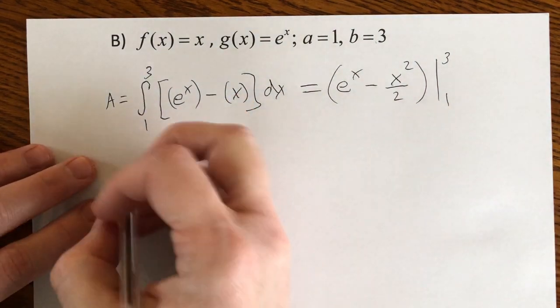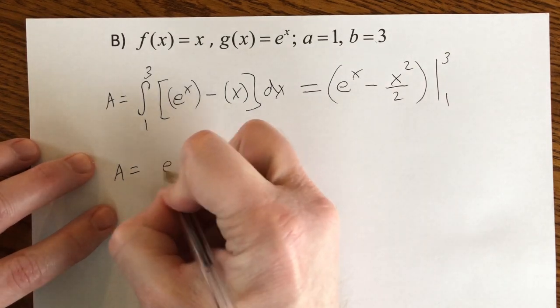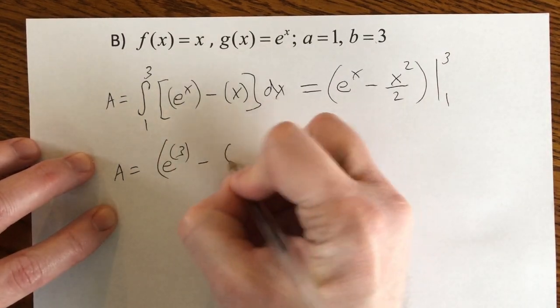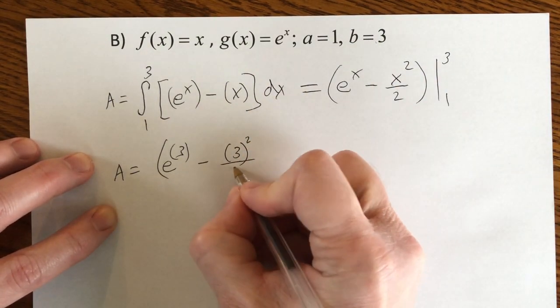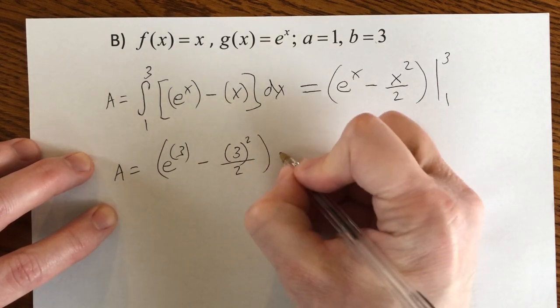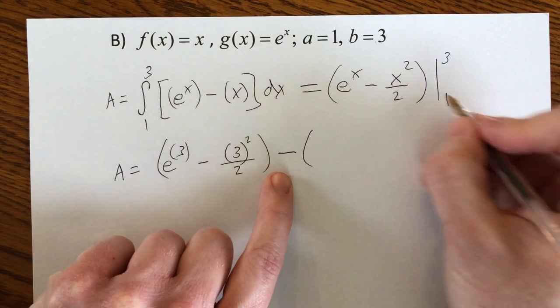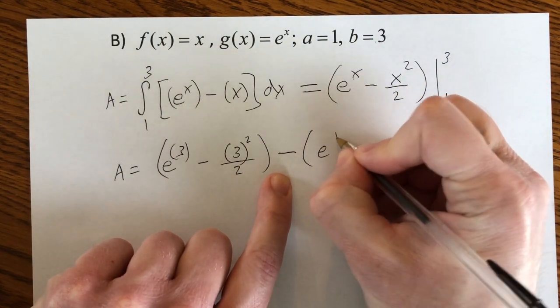So we get e cubed minus 3 squared over 2, minus what quantity? Now replace every x with the lower limit of integration, which is 1.